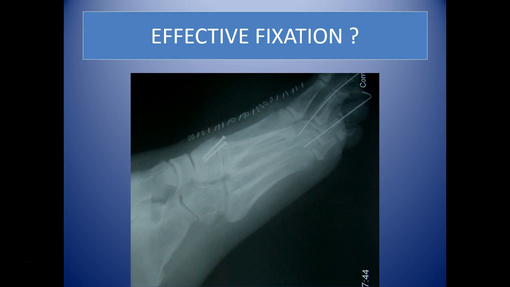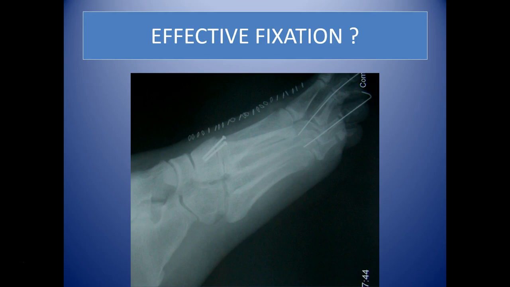So in hindsight, the question is, was this a complication? Because after all, we know that non-unions can occur absent any negligence. Is this a mistake? Is it negligence? And if one were to say, well, I am certain that the non-union was due to the fact that the patient had ineffective fixation, it was insufficient, and looking at the records, the patient was ambulated too quickly, then the defense would be, well, but doctor, even under the best of circumstances, can't you still get a non-union?